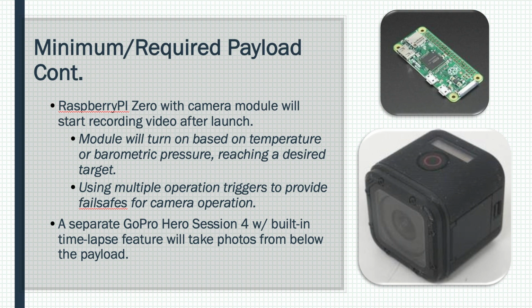And specifically, it will turn on based on either temperature or barometric pressure. And the reason why you have to have 2 is, just in case one fails, that it would definitely turn on or off for certain. And we also have the GoPro Hero that was used last year as well with the built-in time-lapse feature.